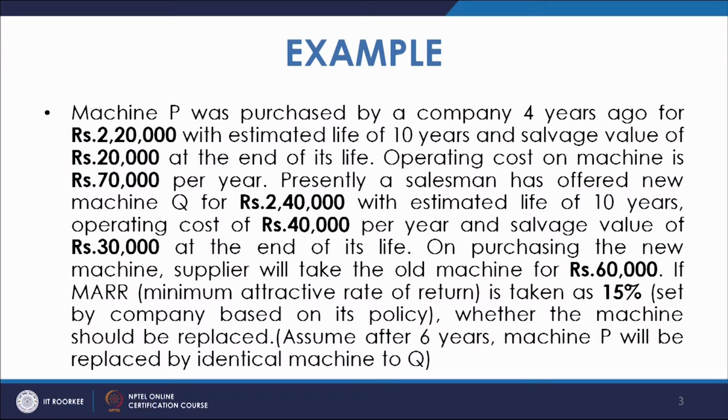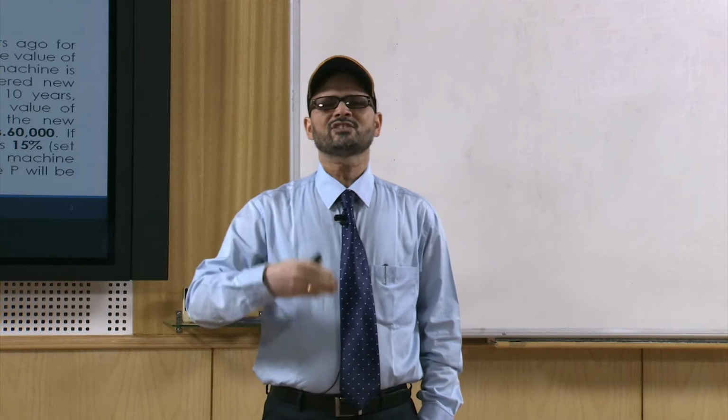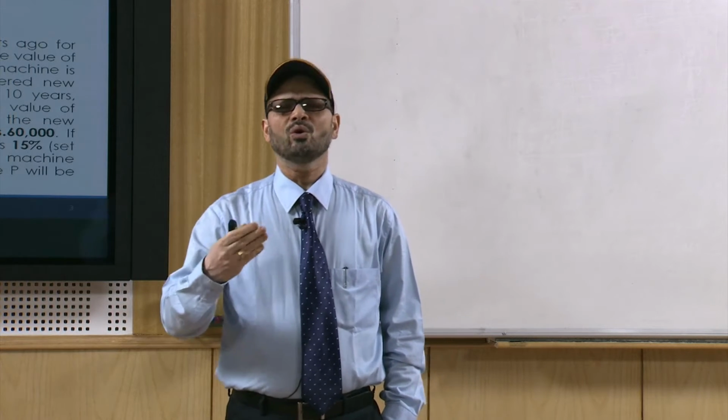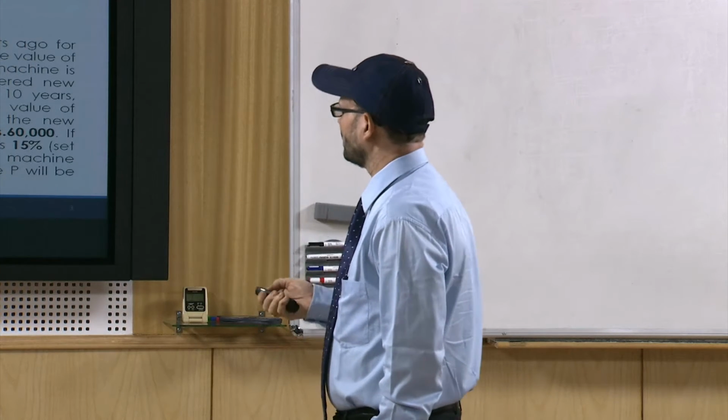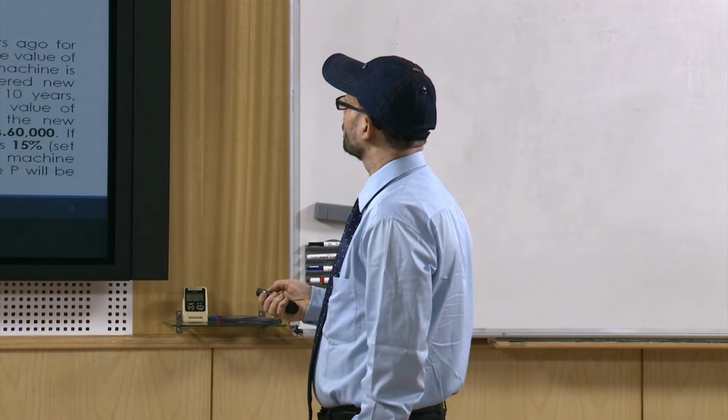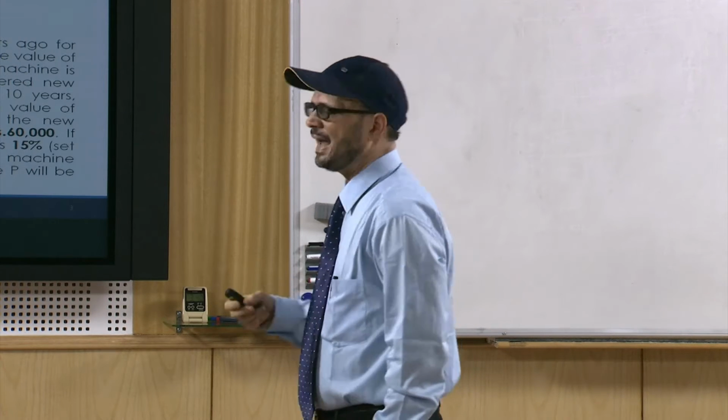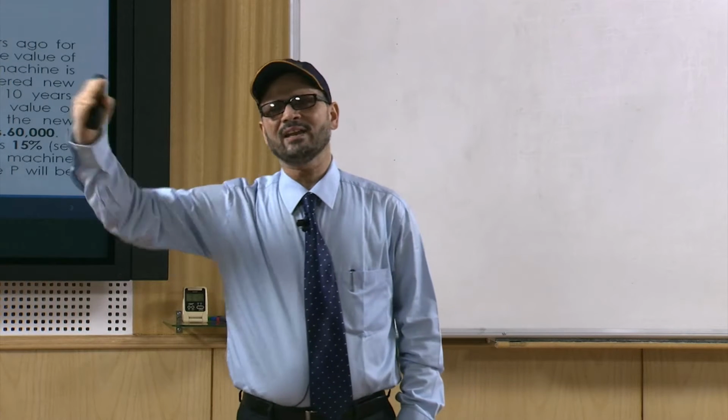Operating cost on the machine is rupees 70,000 per year. Now you are offered a new machine. A salesman has offered a new machine Q for rupees 2,40,000 with an estimated life of 10 years.